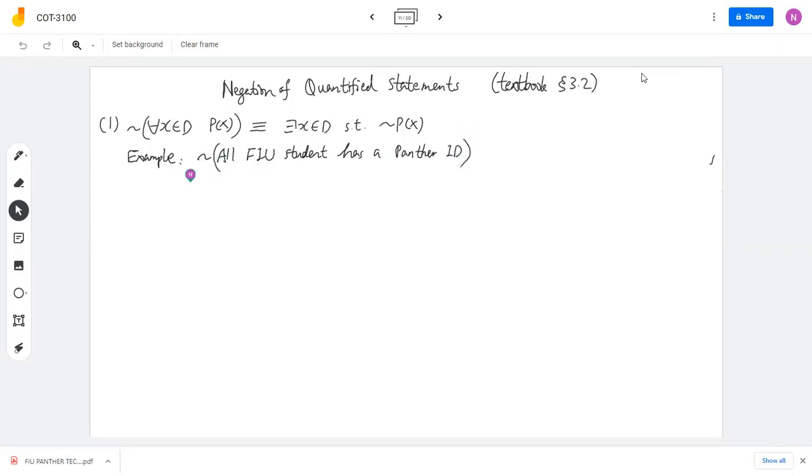The negation is there exists a student of FIU who doesn't have a Panther ID.